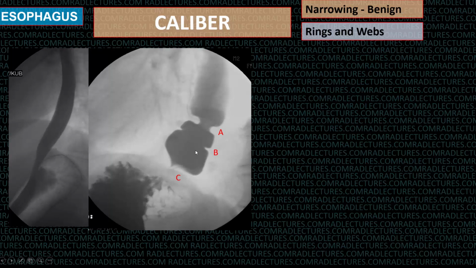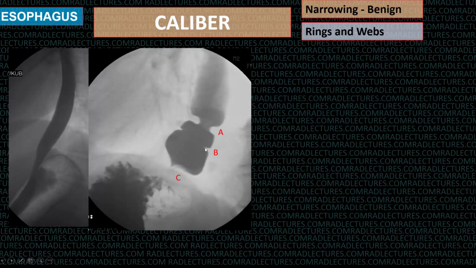Squamous epithelium in the esophagus, columnar epithelium in the stomach. So this is the B ring. And then the C ring is the narrowing caused in the stomach by the diaphragmatic hiatus, because there is a hiatus hernia. These are seen only when there is a small hiatus hernia.